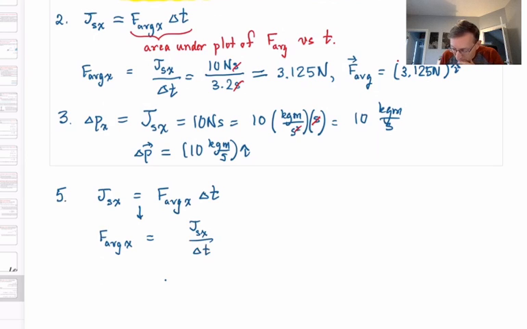But from the impulse-linear momentum theorem, the X impulse is the change in the X momentum. So I can also write it like that. This change in the X momentum, that's fixed. That's positive 10 kilogram meter per second.